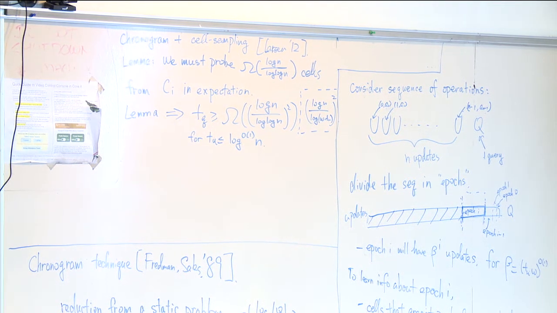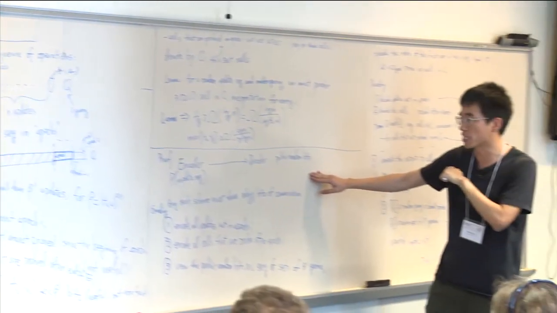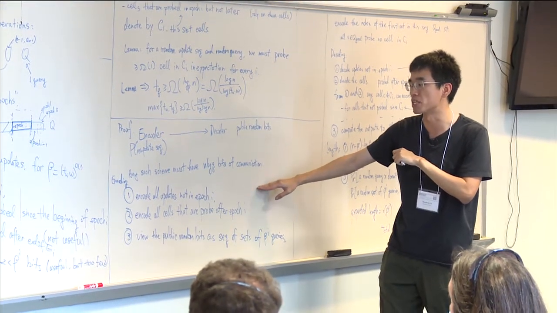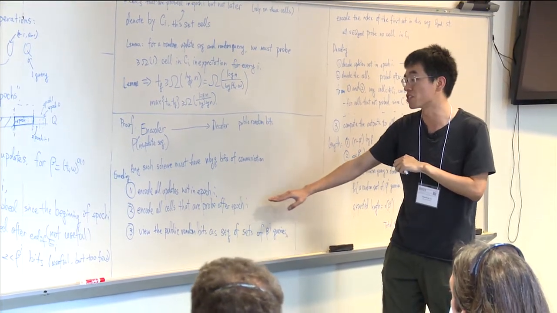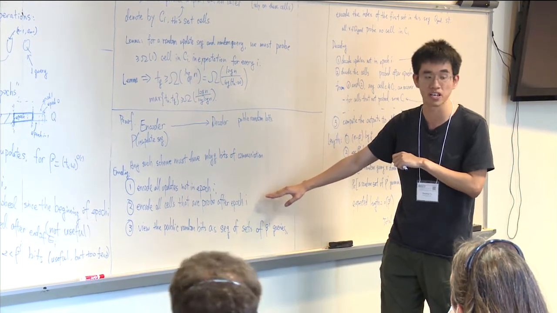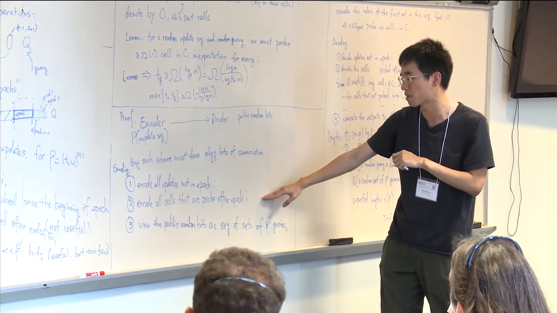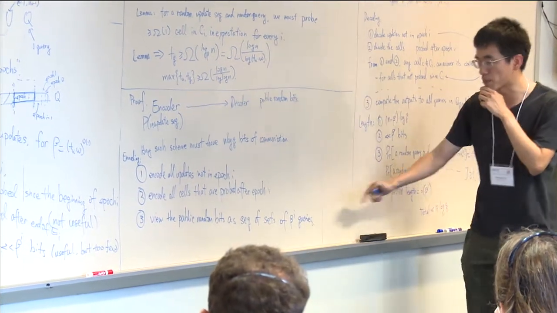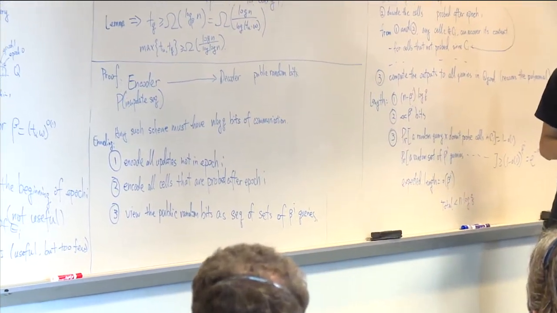We're still going to do such an encoding argument. So first we'll encode all updates that are not in epoch I. Then we also encode all the cells that are not probed after epoch I. Now, for the next step, we are first going to do cell sampling.